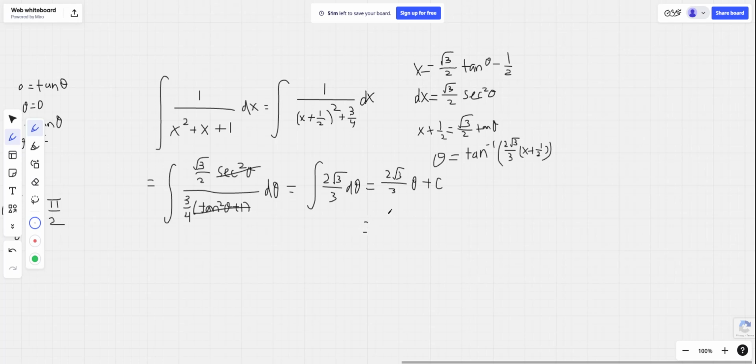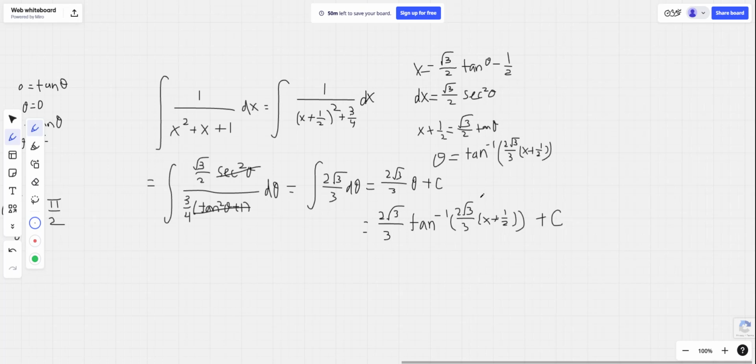So our entire integral is 2√3 over 3 times the inverse tangent of 2√3 over 3 all times x plus 1/2 plus c.